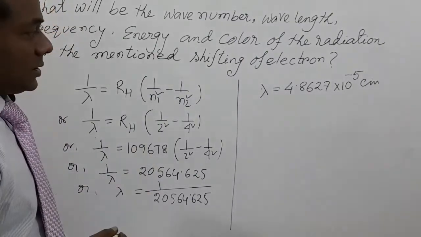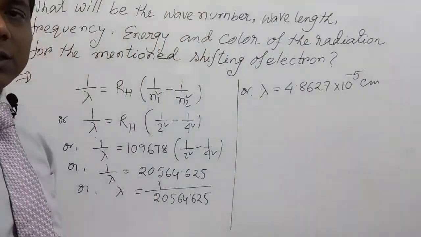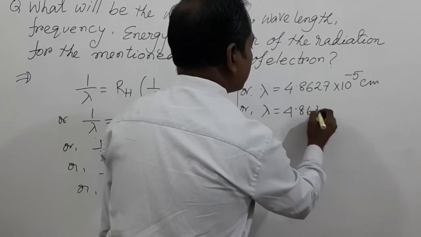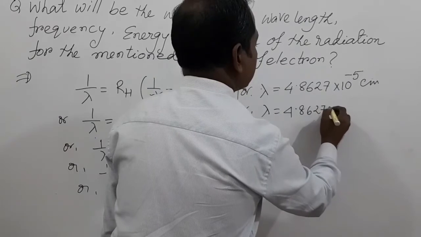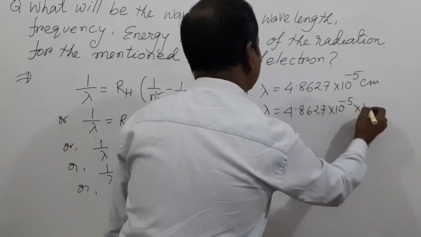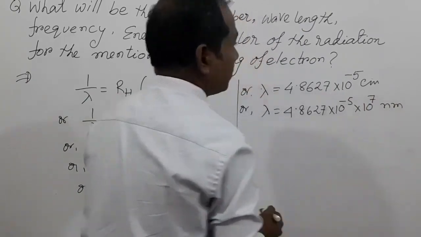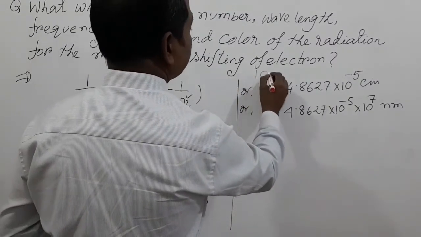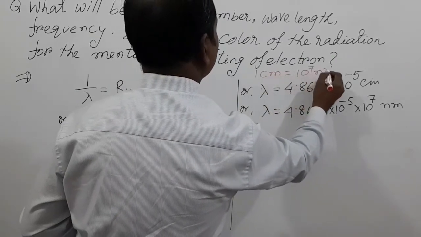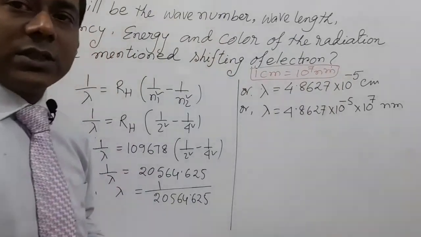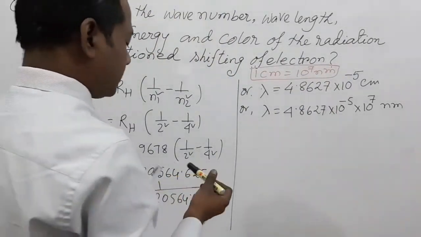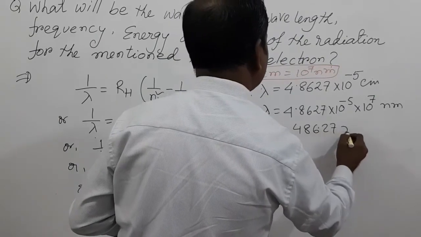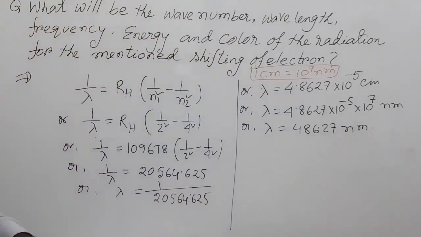If we convert this value of lambda into nanometer, then lambda equal to 4.8627 × 10^−5 × 10^7 nanometer, because we know that 1 centimeter equal to 10^7 nanometer. So lambda is 486.27 nanometer.